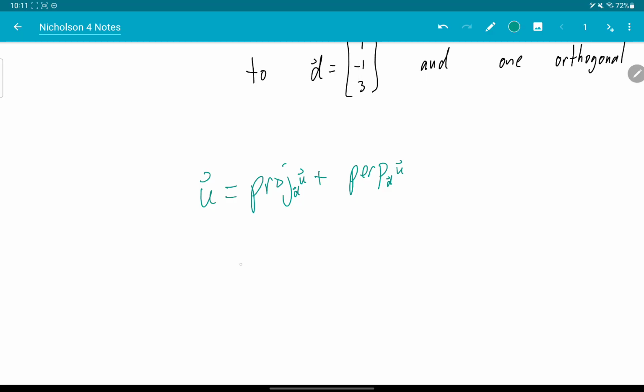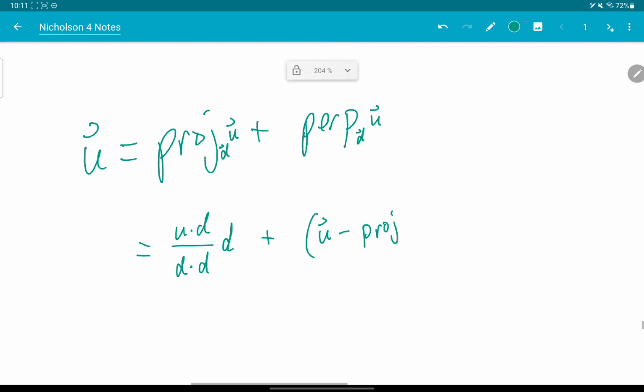Now I'll use my formula for the projection, which is U dot D over D dot D in the direction of D. And the perpendicular will be U minus the projection.